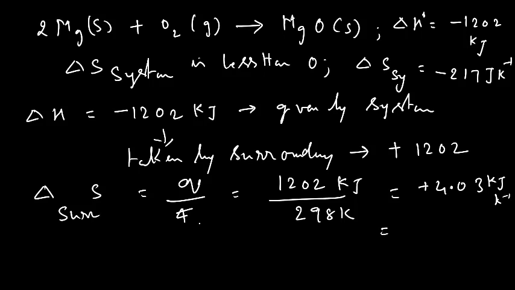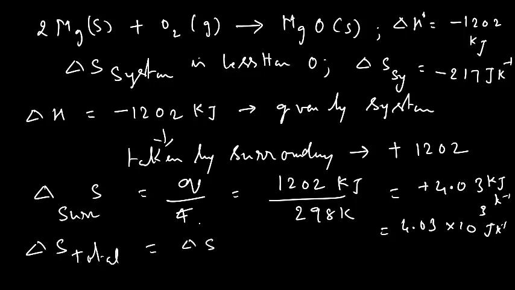So this is nothing but 4.03 into 10 to the power 3 joule K minus 1, because here the delta S for system is given in joule per K minus 1. Therefore, this is converted. Now, delta S total is equal to delta S system plus delta S surroundings. Delta S system is how much?